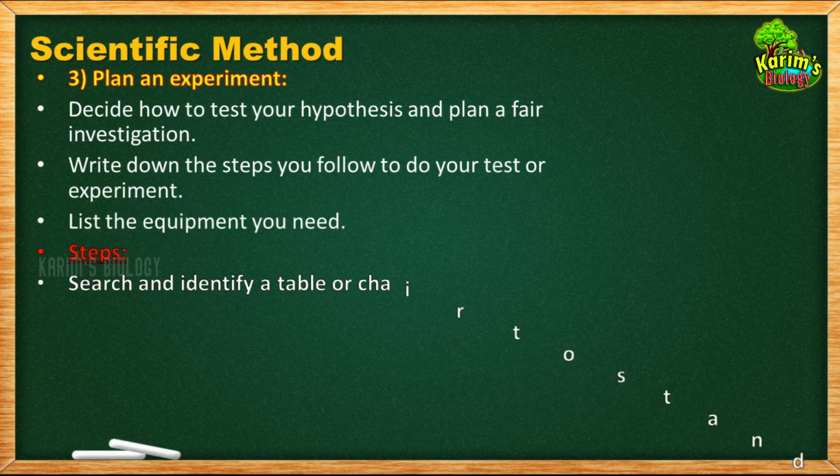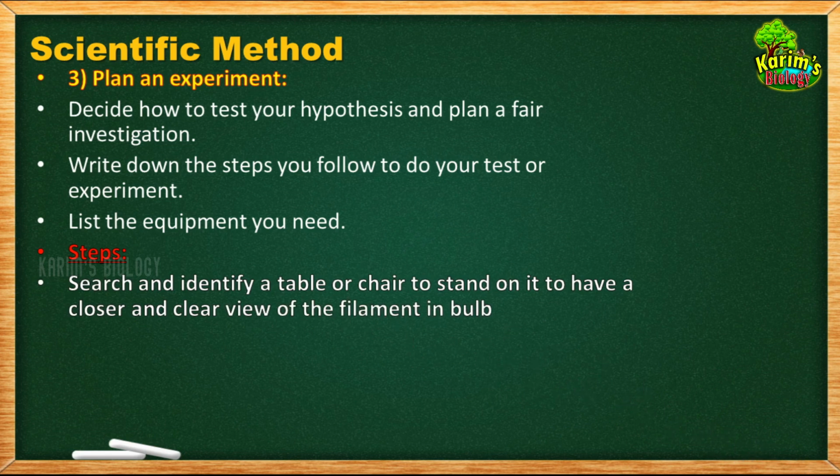For example, in Ramu's case, first of all, he has to search and identify a table or chair to stand on to have a closer and clear view of the filament of the bulb. So, you know children, the first hypothesis that Ramu made was, what was it? The filament might have fused. So to check this hypothesis, what should Ramu do?